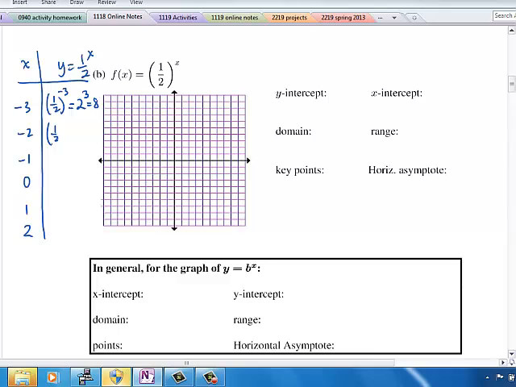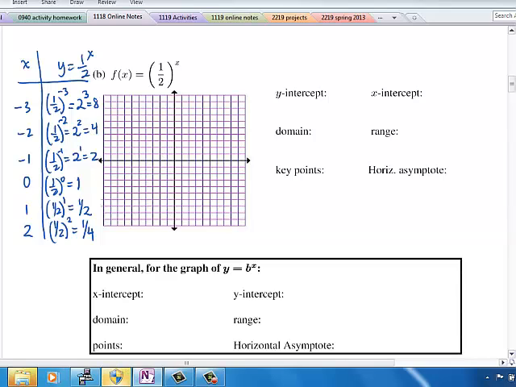And 1/2 to the negative 2, do the reciprocal first, so that's 2 squared would be 4. 1/2 to the negative 1 would be 2 to the 1, or 2. 1/2 to the 0 is 1. 1/2 to the 1 is 1/2. And 1/2 to the 2nd is 1/4.